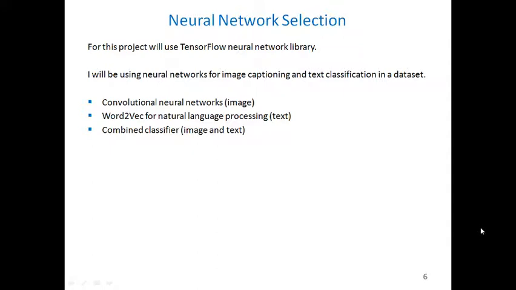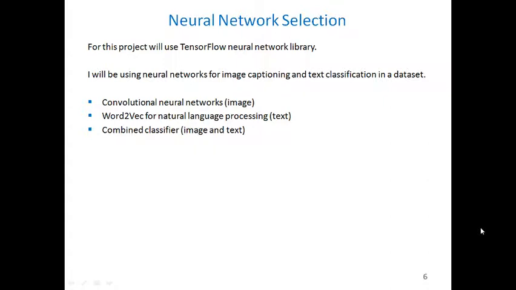The neural network selection that was done as part of this effort was first to do the image captioning, where the image was read and then fed into multiple convolution layers, and then the connected layers, and the predicted classifier was identified. The other set was to use word2vec, which was used for text classification.